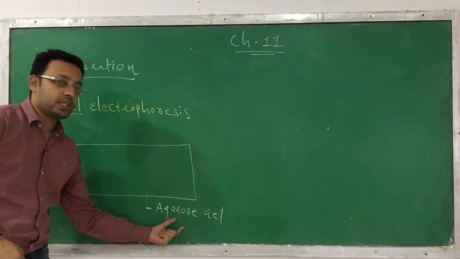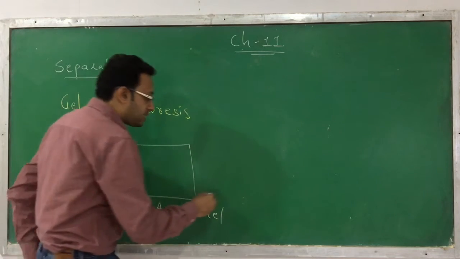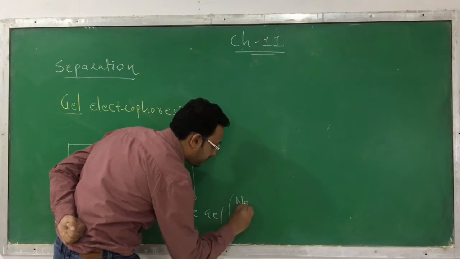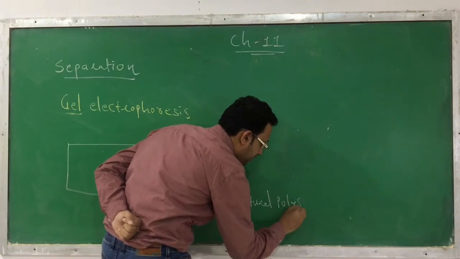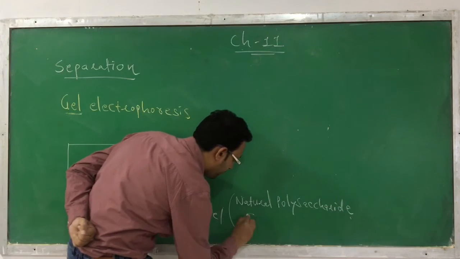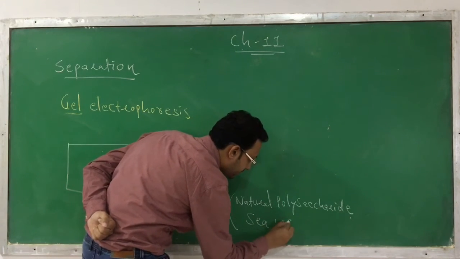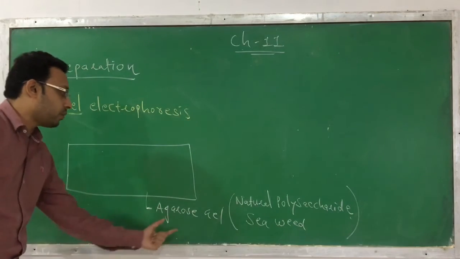What is agarose gel? Chemically, it is a natural polysaccharide which is obtained from seaweed. Okay, this is agarose gel. Clear?